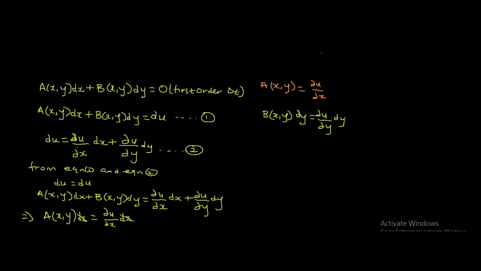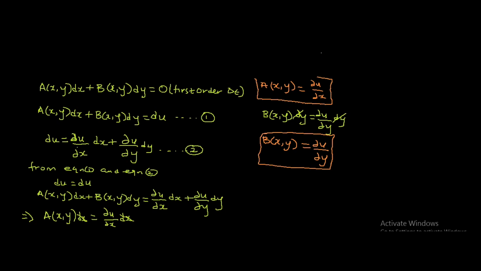So this dy also cancels dy and we'll be left with B(x, y) equals ∂u/∂y. Also take note of this. We can now continue.